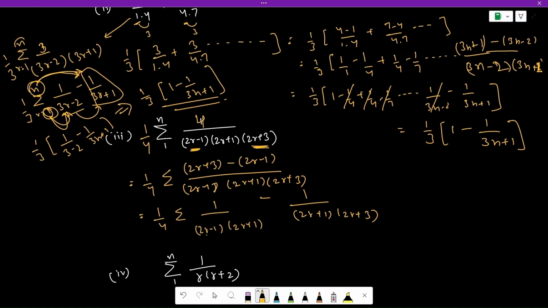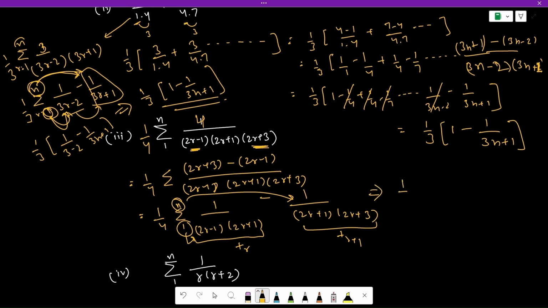Now as you can see, if we put r equal to r+1 in this term, we will get this term. So this is T(r+1) if this is T(r). So now let's just put the limits directly. So this n goes here and 1 goes here.